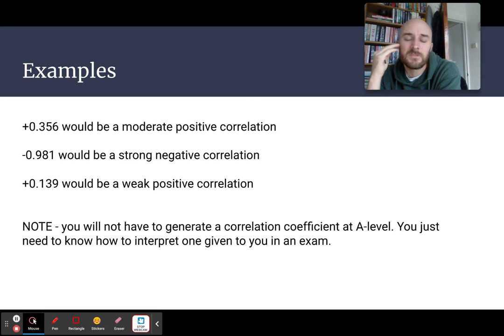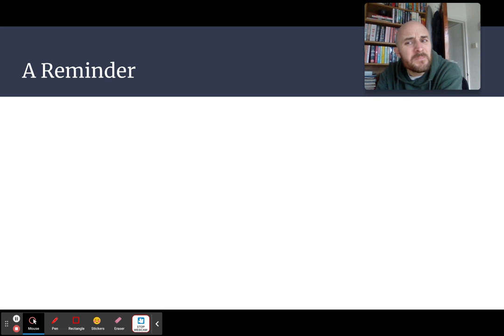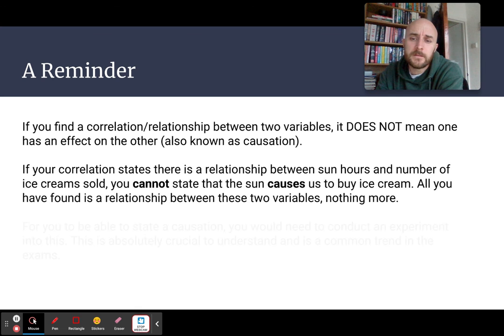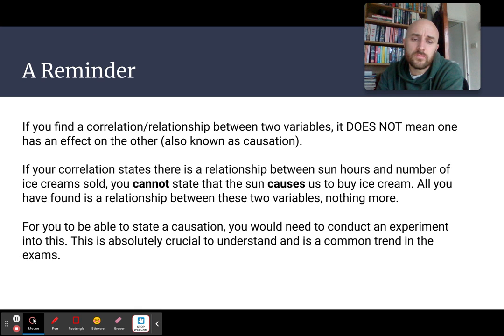I think I missed that day in school, to be honest. But moderate positive, moderate negative, weak positive, strong negative. So you need those two words. Quite an important point as a reminder if you need a correlation.